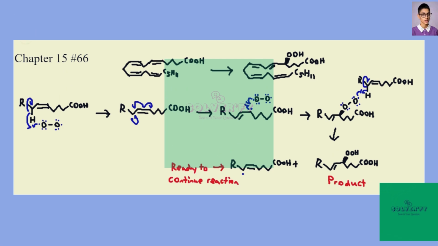This is the answer to Chapter 15, problem number 66 from the Smith Organic Chemistry textbook. This problem is asking us to draw the mechanism by which arachidonic acid is converted into 5-HPETE for the synthesis of a biomolecule, the biosynthesis of a biomolecule.